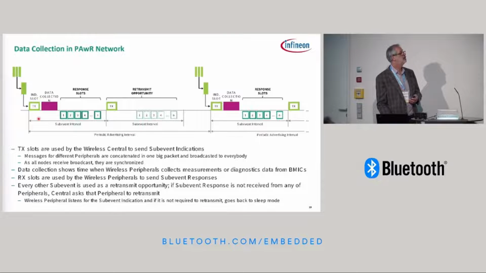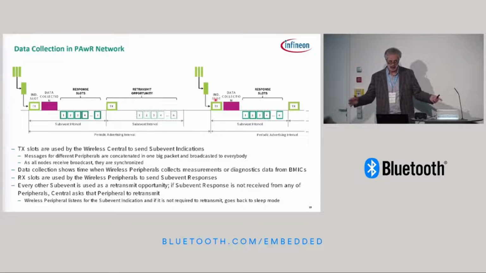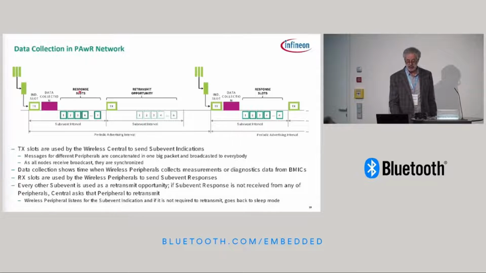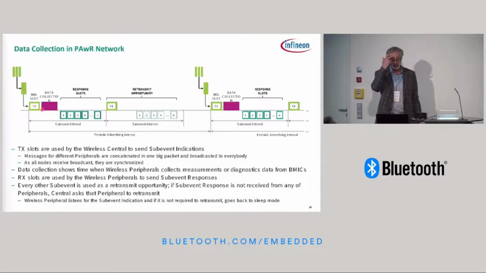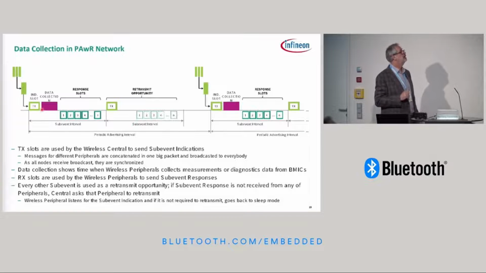Actually, we used two sub-events here, but you know that you need to wake up according to the algorithm. So you know the periodicity, you know the sub-event. In the TX slot, this is the advertising channel. This is going from the central to the peripherals.